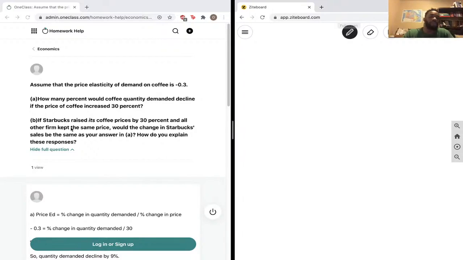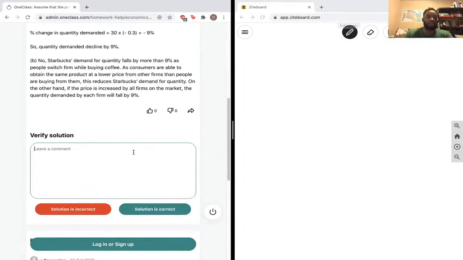However, if only one firm in the market, in this case Starbucks, increases its price by 30%, then people will just switch from buying their coffee at Starbucks and get it at other places like Tim Hortons, McDonald's, Coffee Time, etc. And their demand will actually decrease by more than 9%. So this is correct. And great explanation.